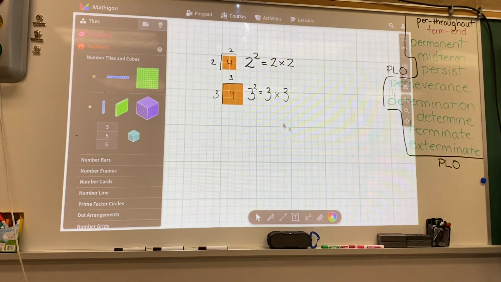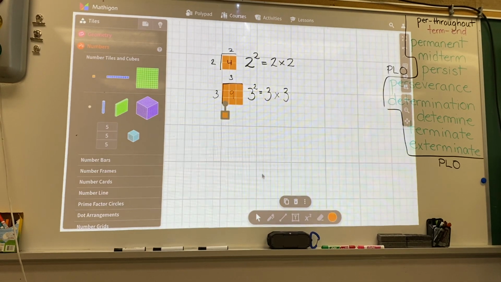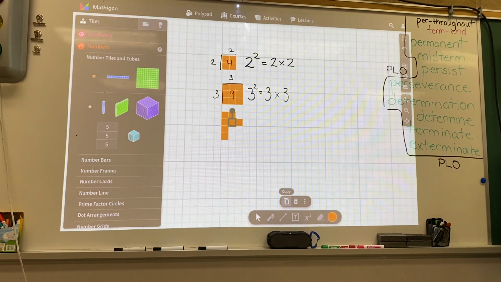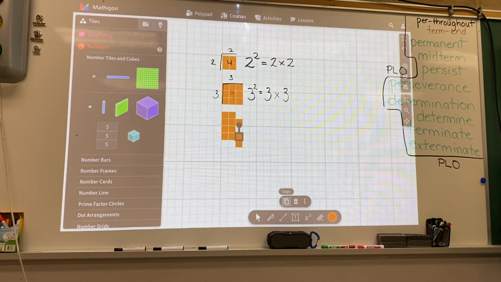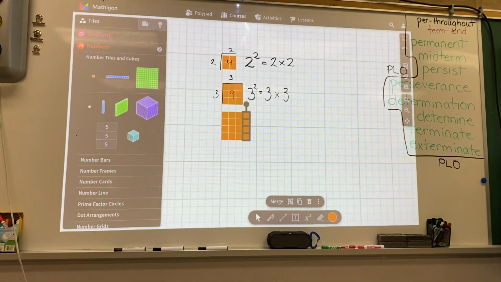Okay? Let's try it just to see, and then we'll pick a different number. Okay, so 1, 2, 3, 4. 2, 3, 4. Okay. It's a square.